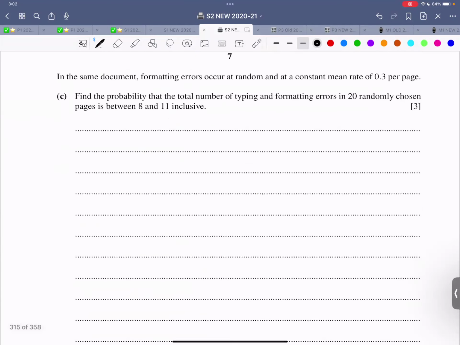Question 5. No, there is also part 3. My bad. It says, in the same document, formatting errors occur at random at a constant mean rate of 0.3 per page. Find the probability that the total number of typing and formatting errors in 20 randomly chosen pages is between 8 and 11. So we know that X follows a Poisson distribution with 0.2, and Y follows a Poisson distribution with 0.3.